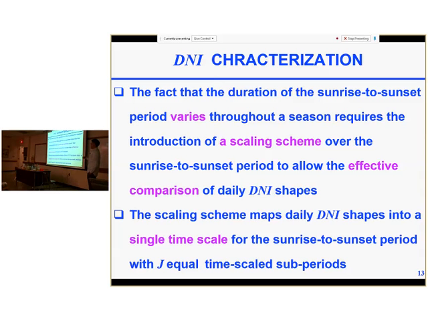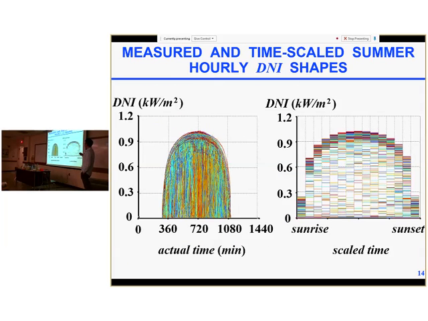In my study, I denote J as the number of equal time scale subperiods in all the sunrise to sunset periods. Here, the two plots give us an example of the scaling process in summer with J equal to 15. We can see we scale all the actual daily DNI shapes into the time scaled DNI shape here.